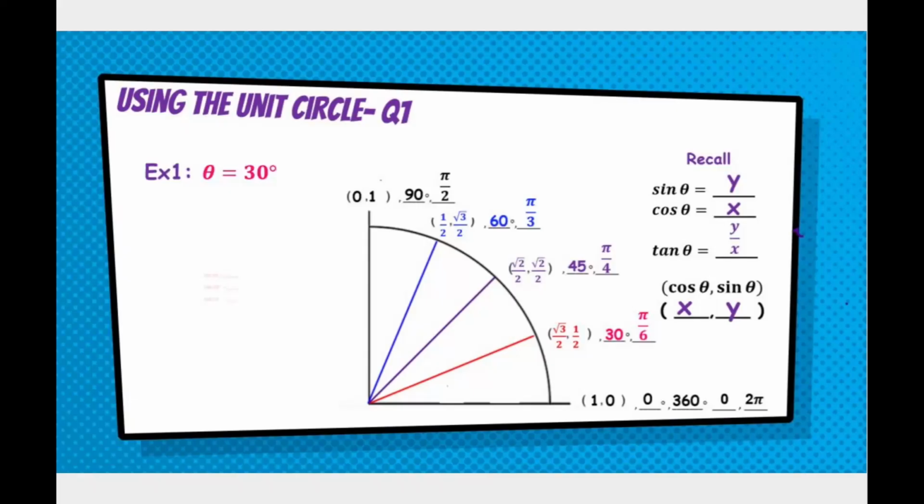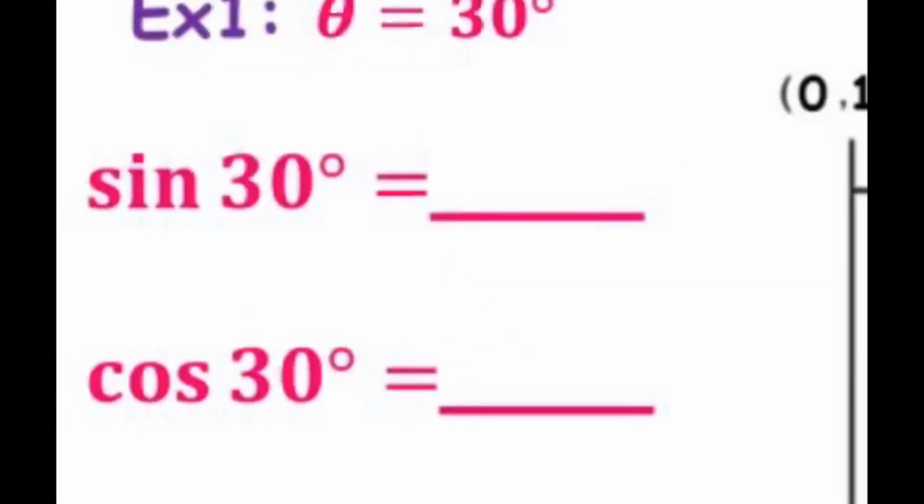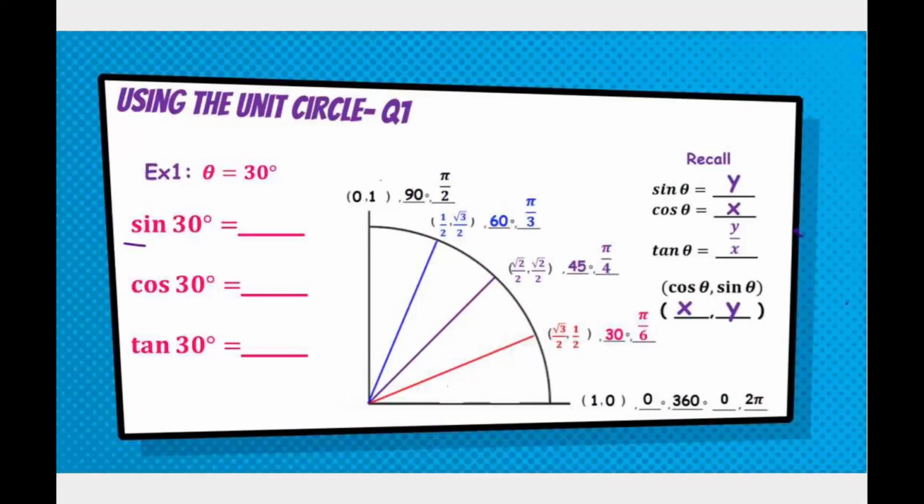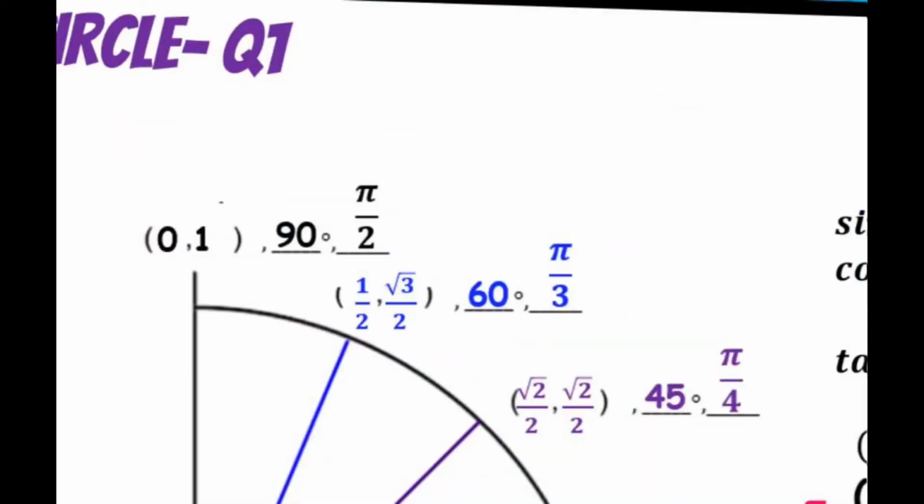So let's get practice using some of these and figuring out what it is I'm actually doing. I'm looking at the sine, cosine, and tangent of 30 degrees given the unit circle. When I see the sine of 30 degrees, what we need to be thinking is, what is y?